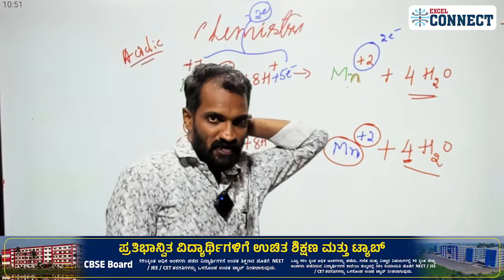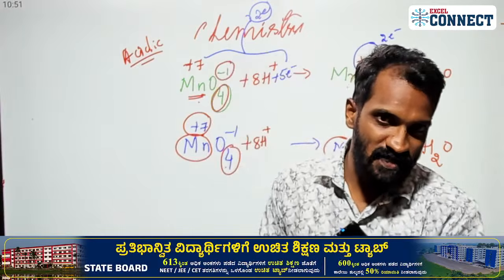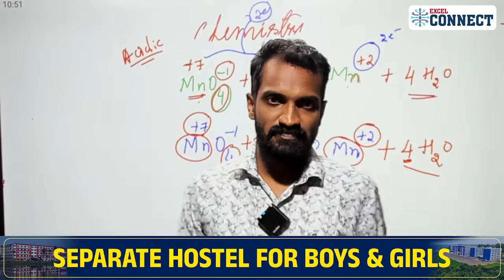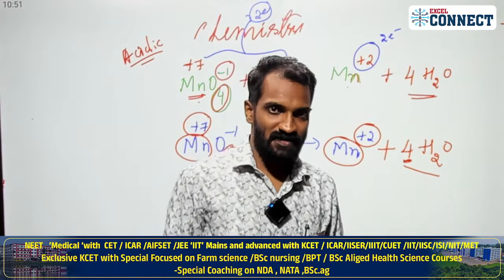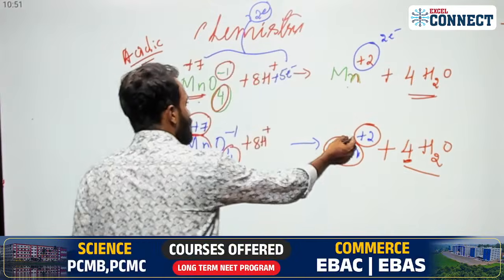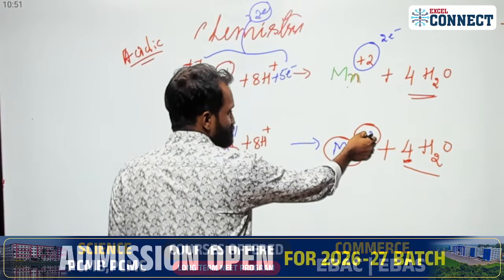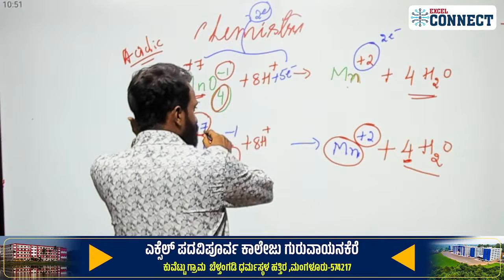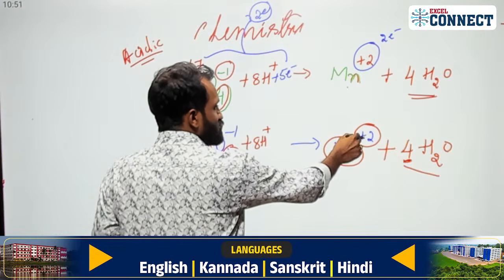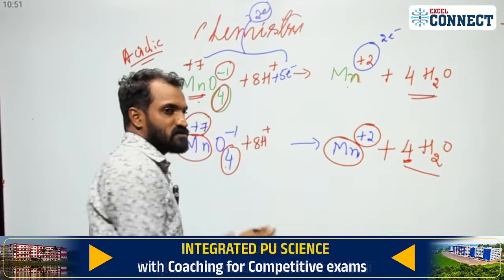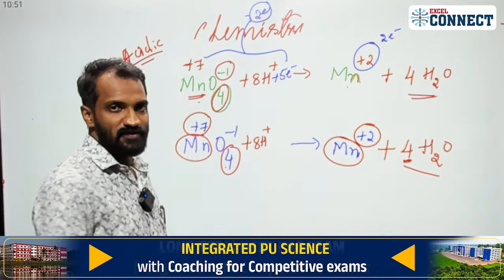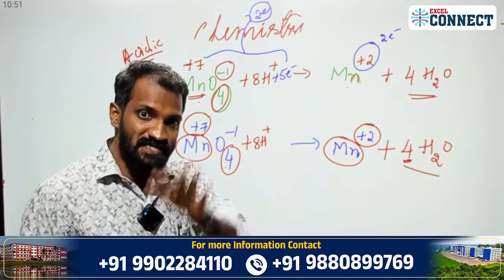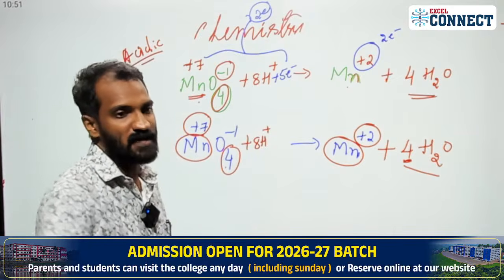I can't give electron to the 2 side, because if I give 2 electron there, the requirement becomes 0. Is that balanced? No. To the side that requires more electron, to that side only I should give electron.